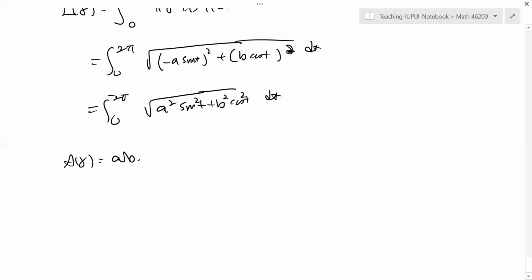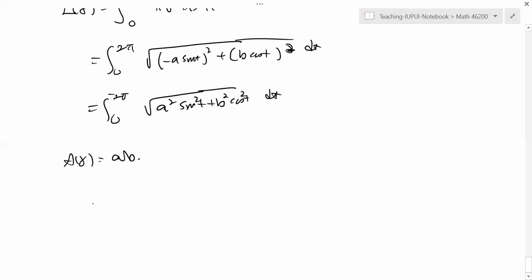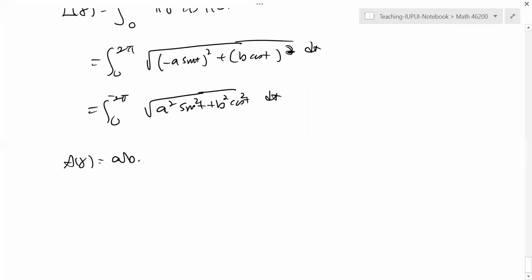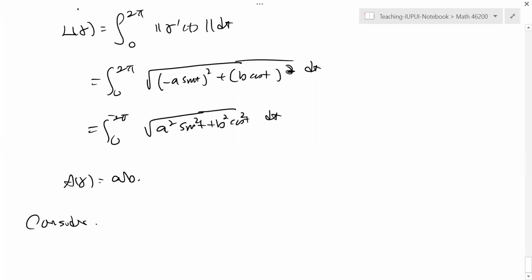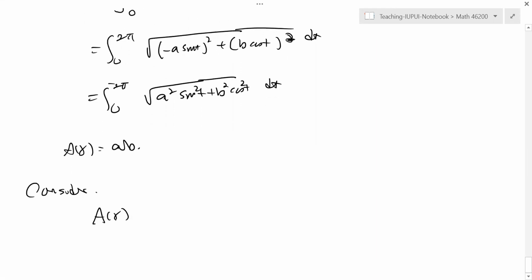So first of all, I'm going to consider the following ratio. It doesn't matter which one is on top. I'm going to put the length of gamma on the top.